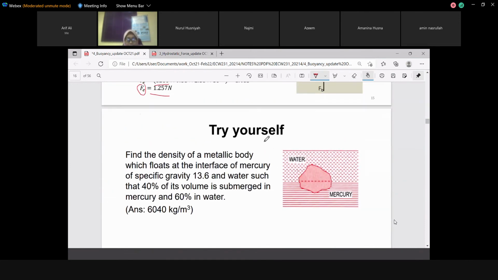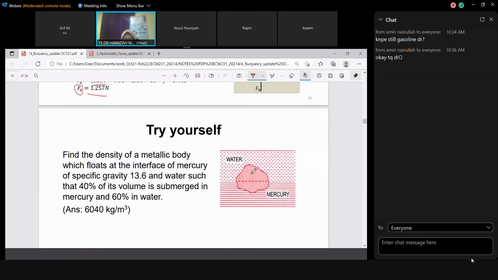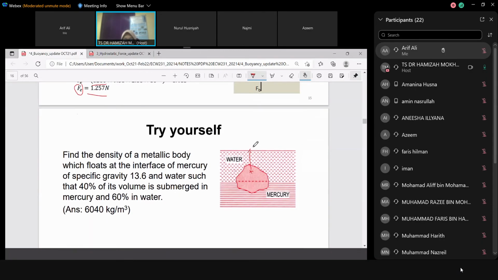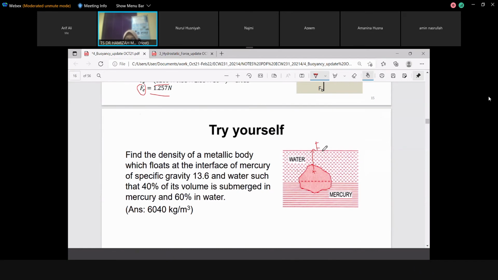Okay, and then next question, kita ada different fluid. So we need to split into 2. So you have FB for water and also FB for mercury. Last sekali baru tambah. Okay, and then dia dah bagi specific gravity untuk mercury adalah 13.6.